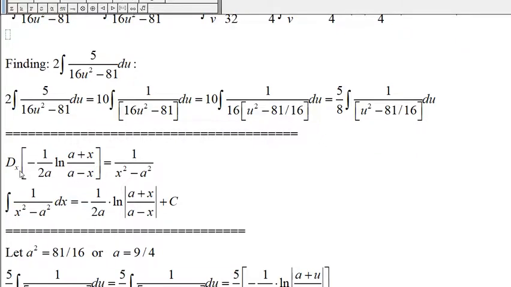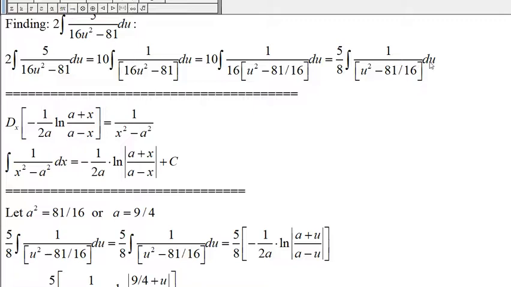Recall we have the derivative of negative 1 over 2a times the natural log of (a plus x) over (a minus x) is 1 over x squared minus a squared. So the antiderivative of 1 over x squared minus a squared is negative 1 over 2a times the natural log of (a plus x) over (a minus x).